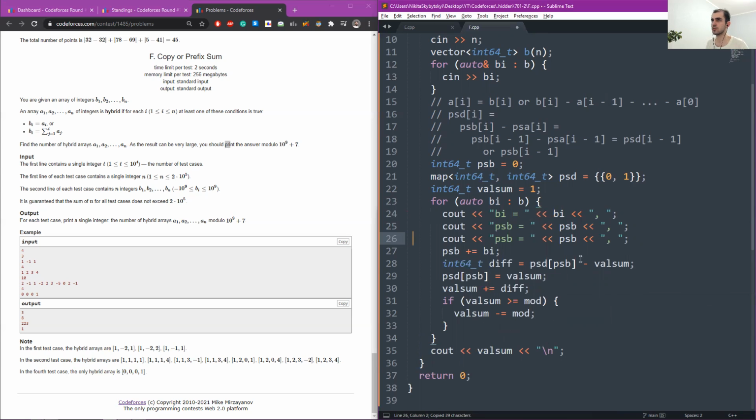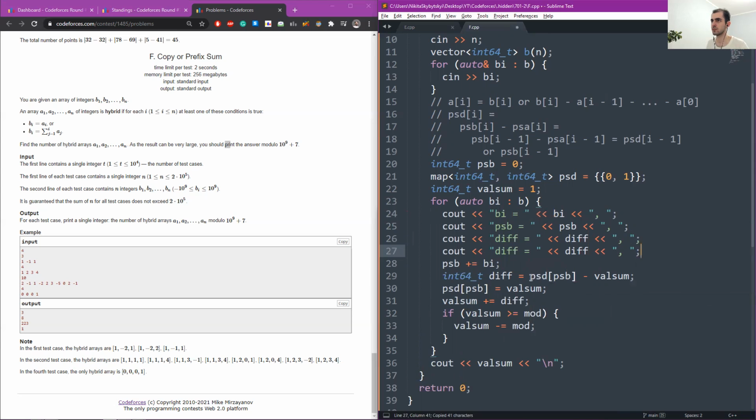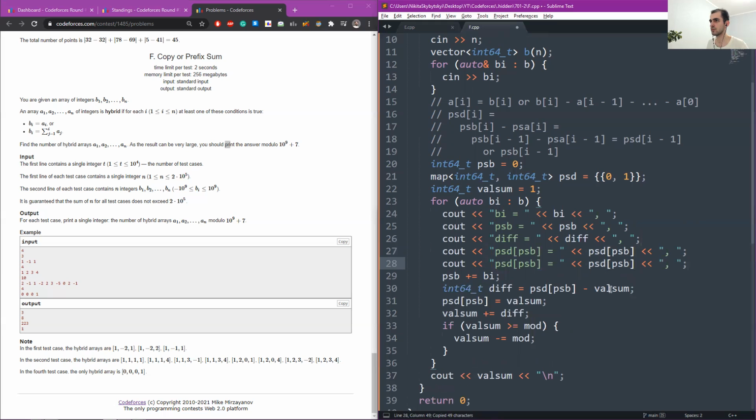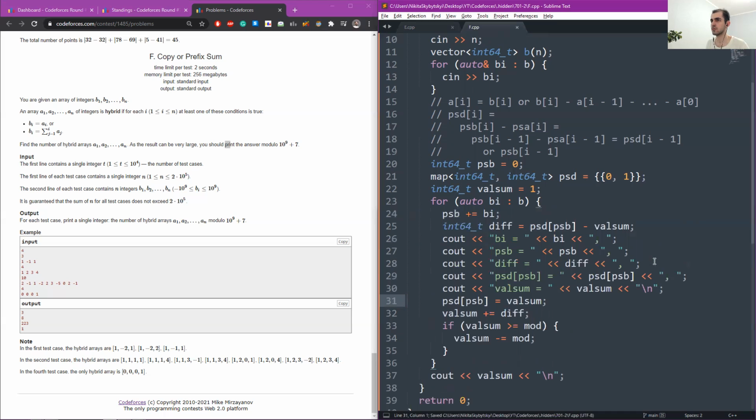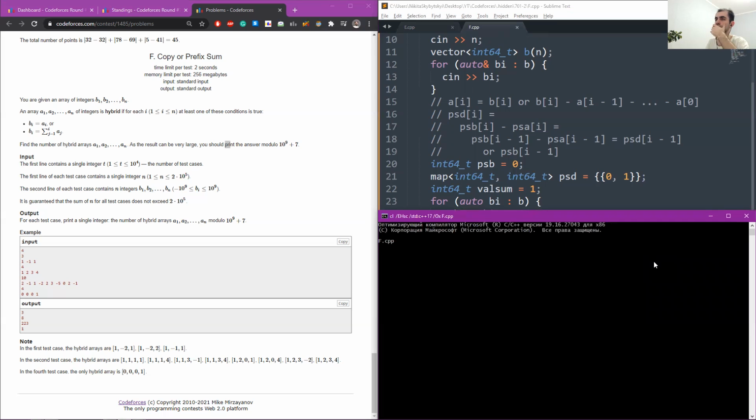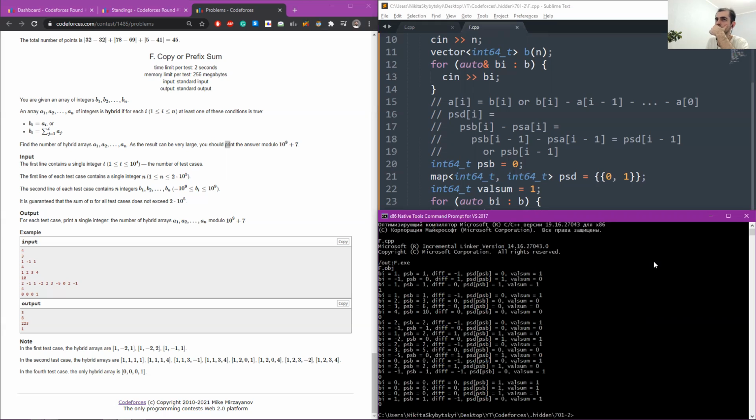We are quite close, I think. b_i equals 1, plus b equals 1, difference equals -1.